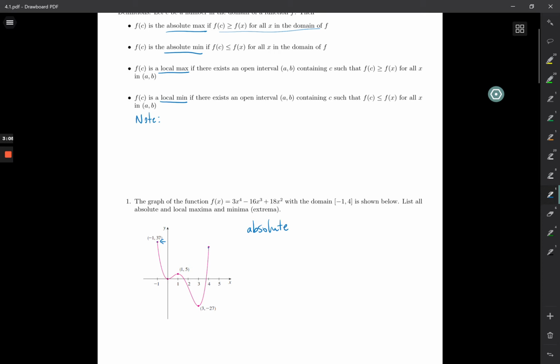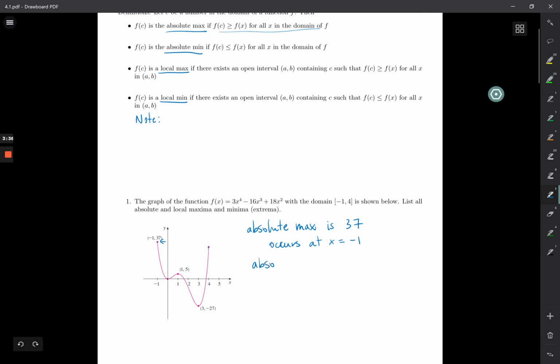That's the y coordinate of that point because it's labeled right there. So the absolute max is going to be 37, right? And this occurs at x equals -1. The max is the value that the function takes on, and its location we refer to with the x coordinate, right?